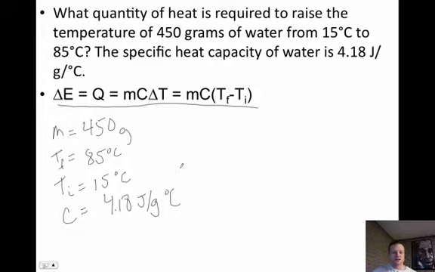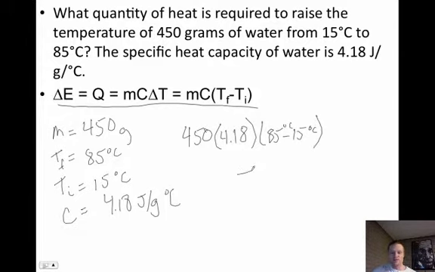This is basically a plug and chug type problem. So I'm going to have 450, which is my mass, times C, which is 4.18, times T final, which is 85, minus T initial, which is 15, in degrees Celsius.